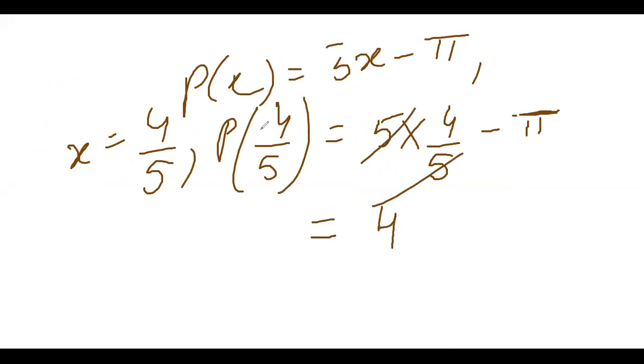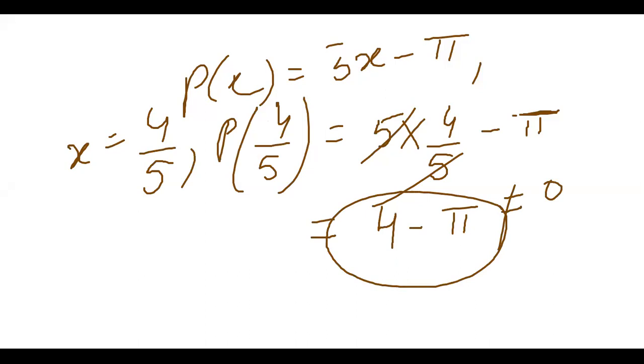It will be 4 minus 5. Right? As we put x is equal to 4/5, it will be 4 minus 5. It's not equal to 0. So we'll say that 4/5 is not a zero of the given polynomial.